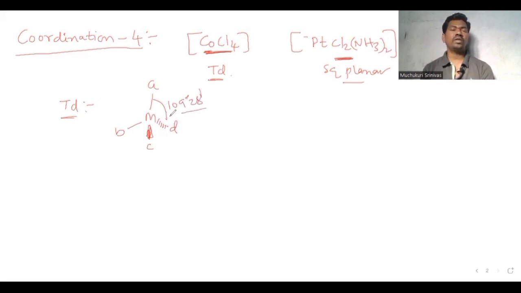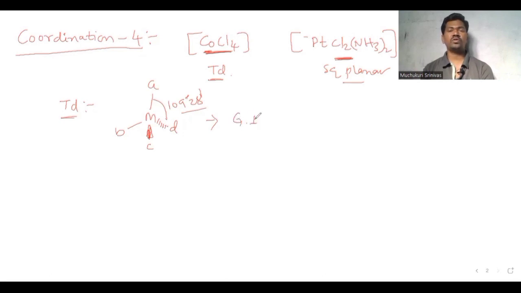If you rotate any one of these ligands around the central metal atom, the geometry will not change. So we will not get any geometrical isomers. There is no variation, no difference in the structure. Understand? So this type of coordination compound does not have any geometrical isomer.